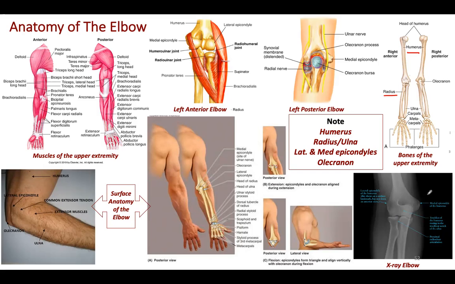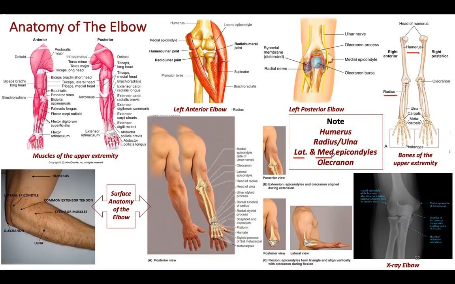And the lower end of the humerus has two bony projections on each side, and they are called lateral and medial epicondyle. You can feel them, you can palpate them right now. Put your fingers here at the lower end of your arm, and you are going to feel two bony prominences, lateral and medial epicondyle.